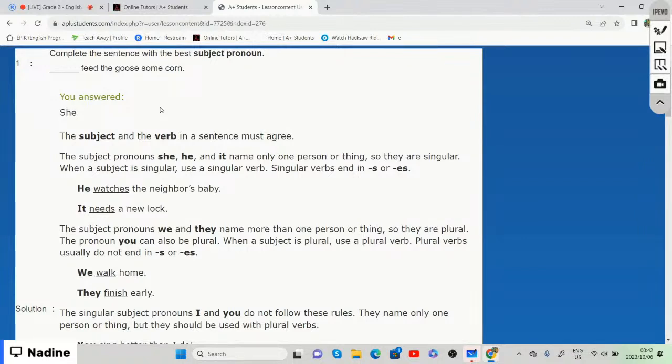Feed the goose some corn. So feed the goose some corn.